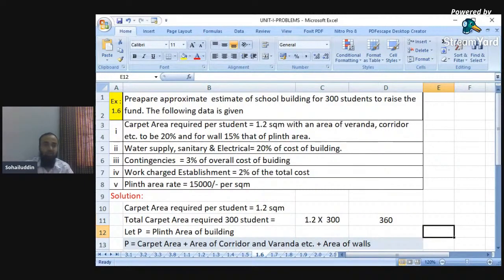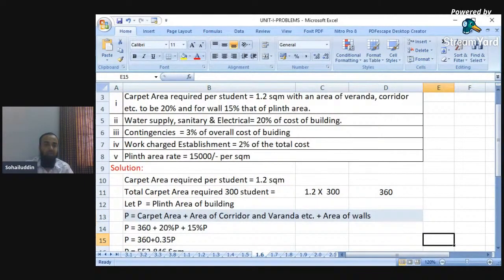Next, let P be the plinth area of the building. P is the addition of carpet area plus area of corridor and veranda, etc., and area of walls. So P is 360 plus 20% of P, the area required for corridor, plus 15% of the plinth area required for walls.